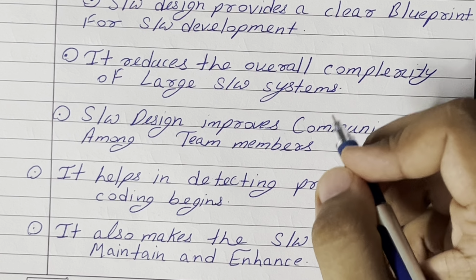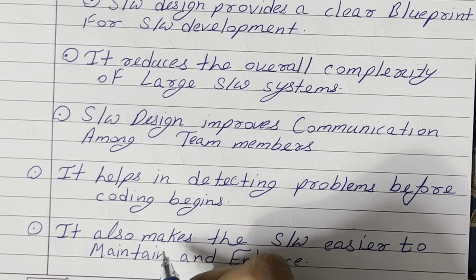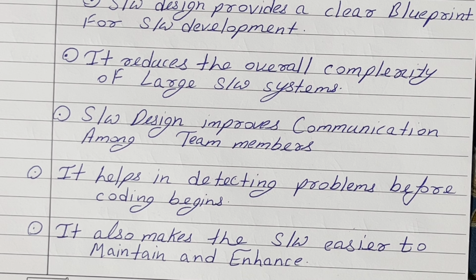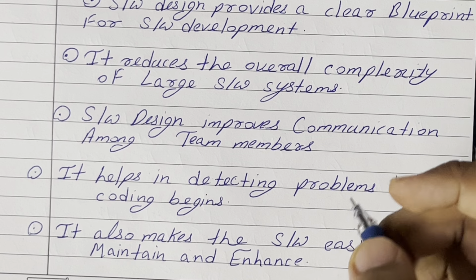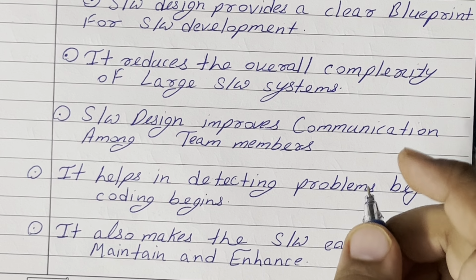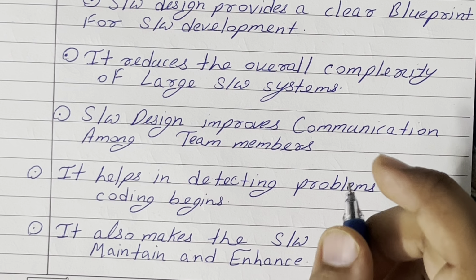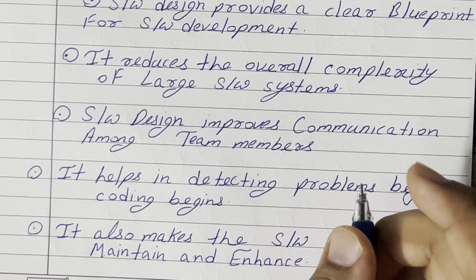Next point is that it also makes the software easy to maintain and enhance. Software rarely remains unchanged after deployment. New features are added, bugs are corrected, security improvements are implemented after deployment, and business requirements continue to evolve.